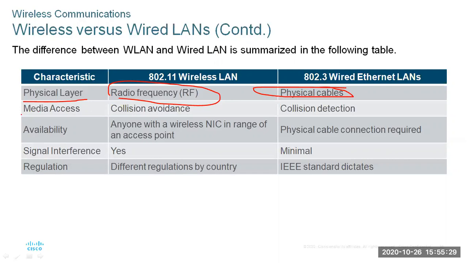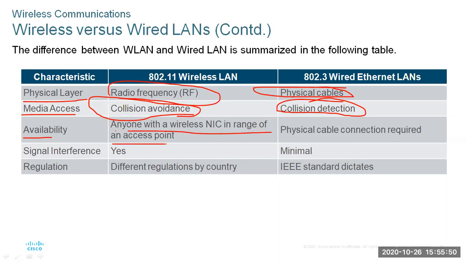In media access, wireless runs a collision avoidance protocol, while Ethernet runs collision detection. In terms of availability, in wireless, anyone with a wireless network interface card can access the access point, whereas in wired, you have to physically connect a cable.